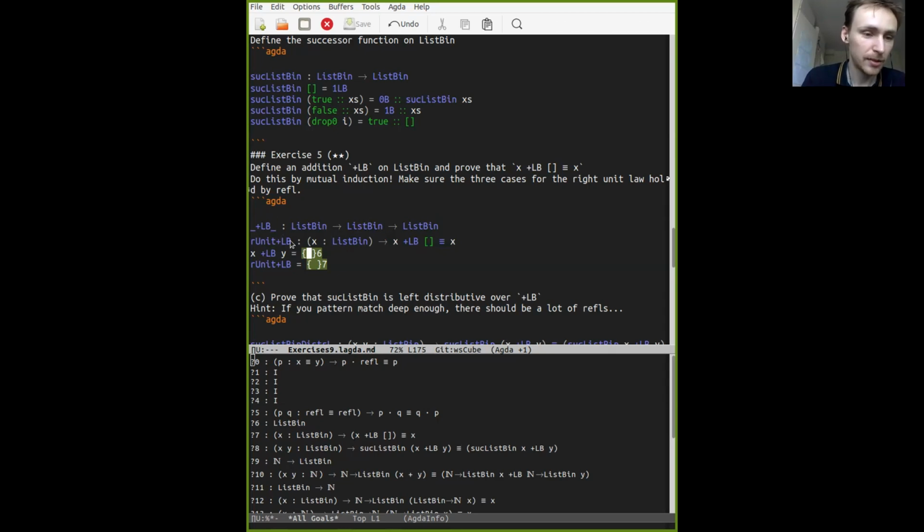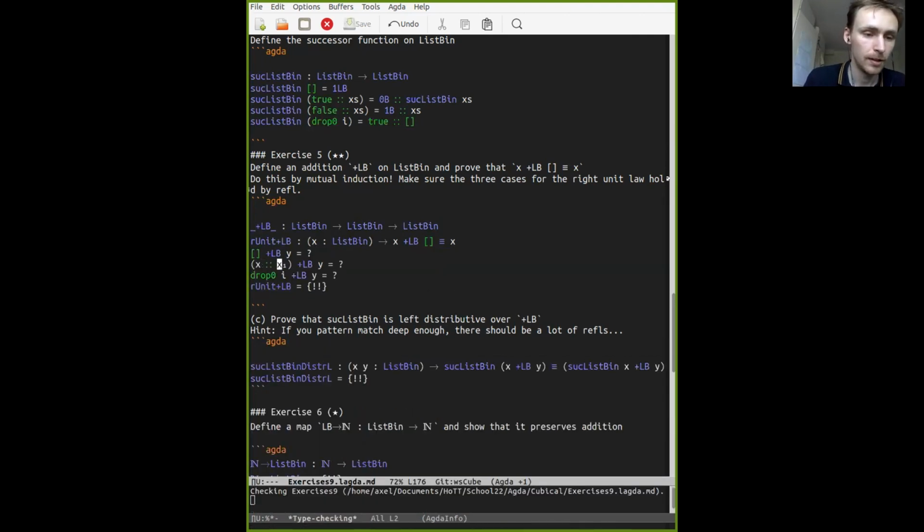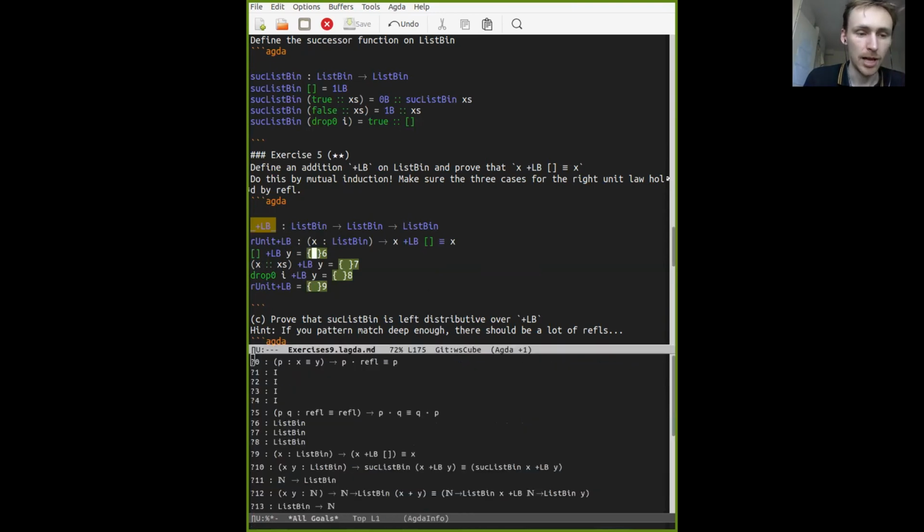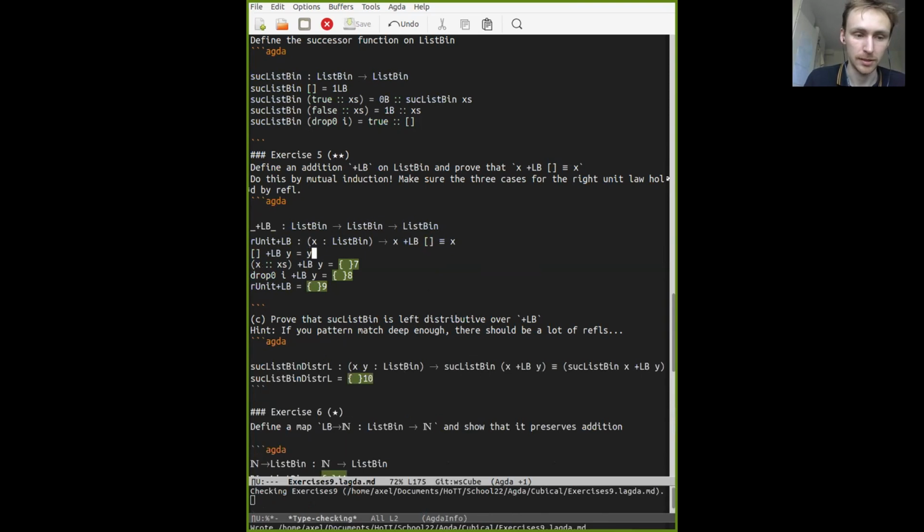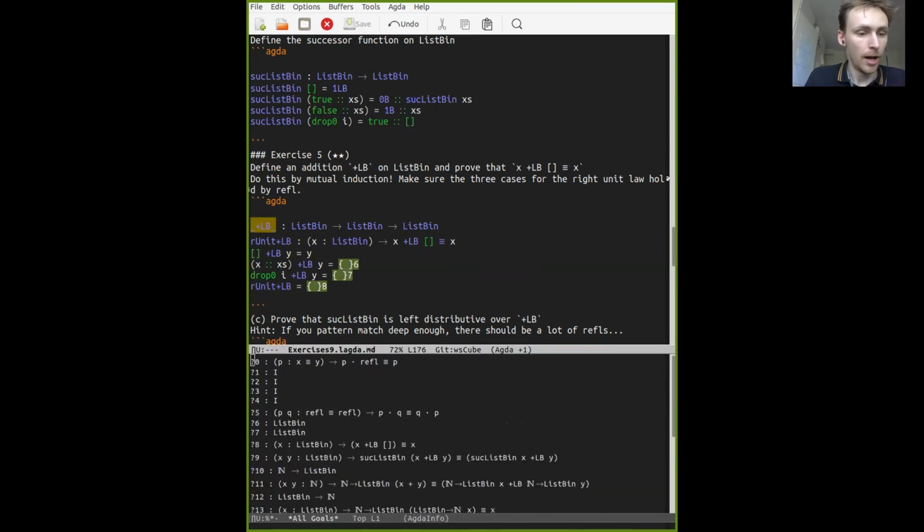Okay, but let's try to ignore the right unit law now and just define addition of x plus y. So let's first pattern match on x. And let's make things nicer. Okay, so empty list plus y, well, that should just be y. It's an addition after all. Okay, and now we want x cons xs plus y.